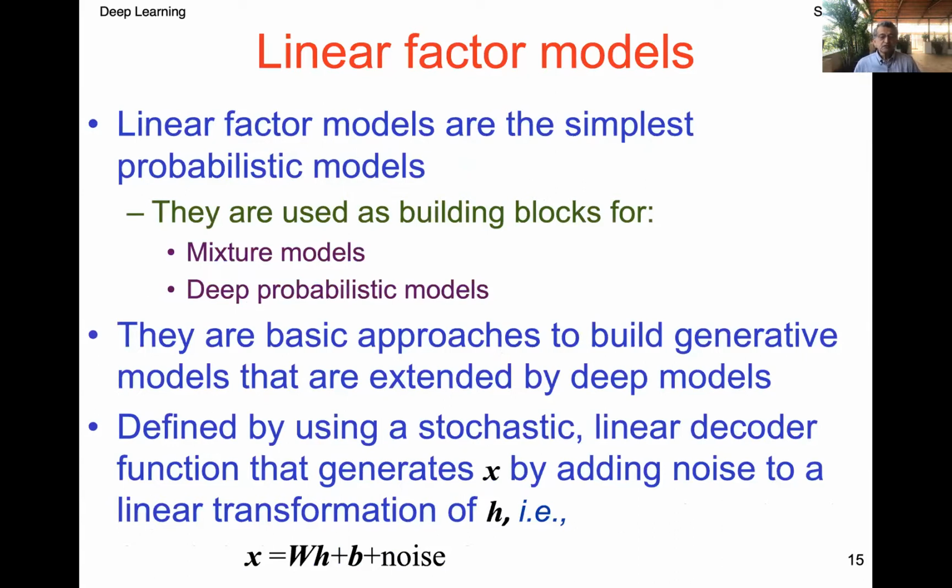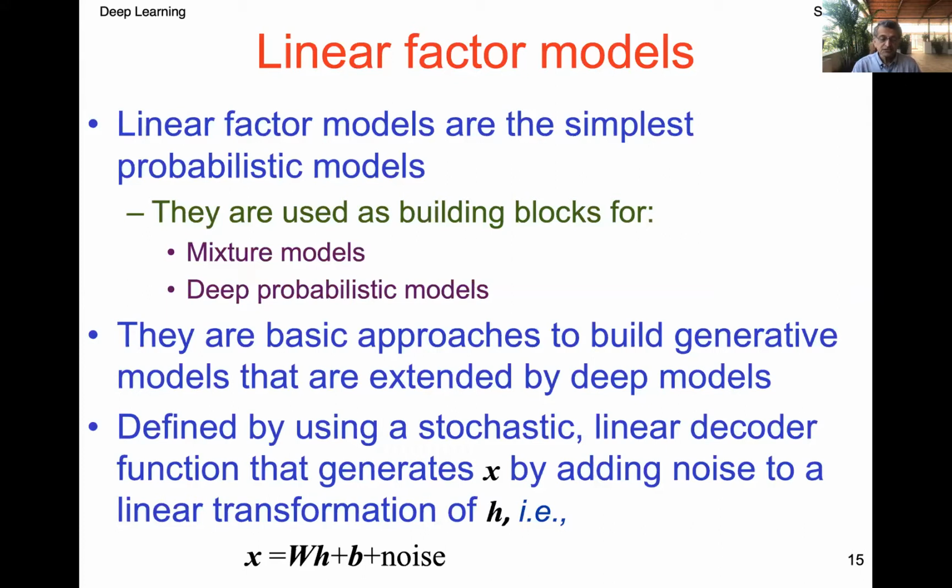So linear factor models are of the form shown in this equation at the bottom. They use a stochastic linear decoder function. It generates X by adding noise to a linear transformation of H. So your observation X is given by W times H, the kind of thing we just saw. The matrix is multiplying a set of hidden values, right?